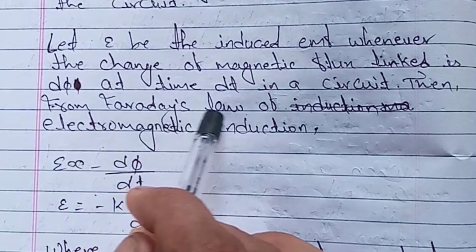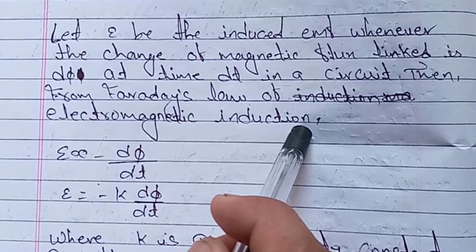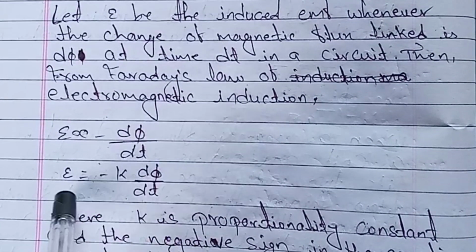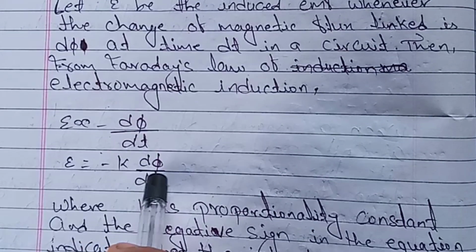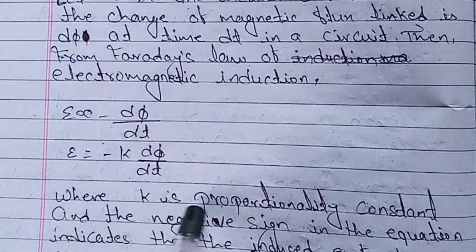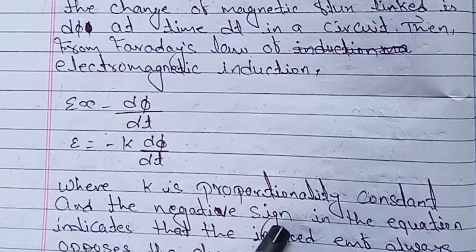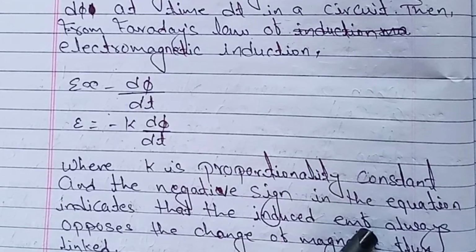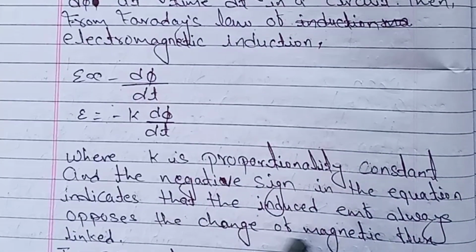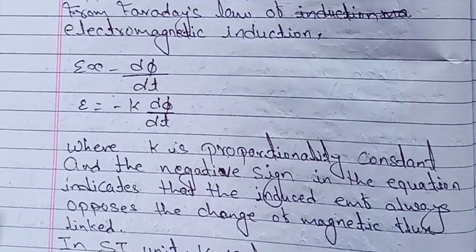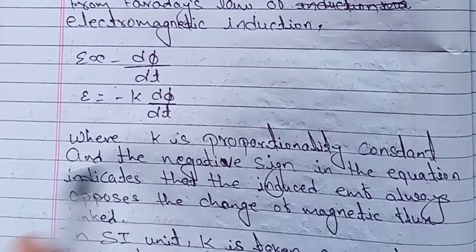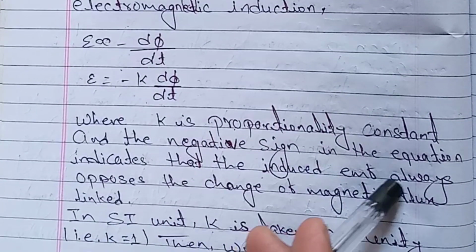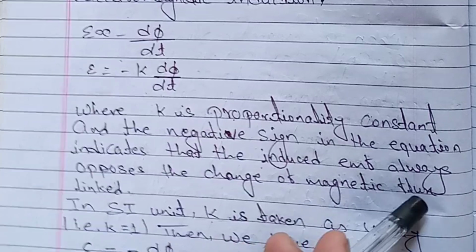Then from Faraday's law, E is proportional to dφ/dt, so E is equal to minus k dφ/dt, where k is a proportionality constant and the negative sign in the equation indicates that the induced electromotive force always opposes the change of magnetic flux linked.